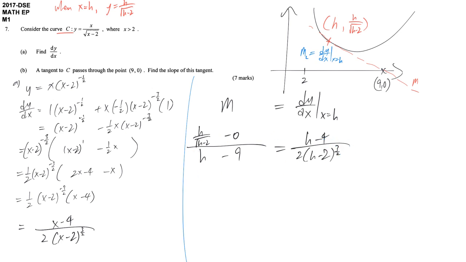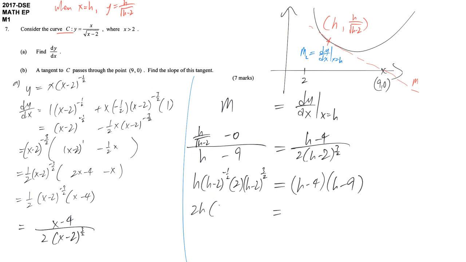Even though it looks complicated, this is an equation involving one kind of unknown only, so maybe we can solve it after simplification. We have h, and then this is (h minus 2) to the power of negative 1 over 2, times the denominator on both sides, so we have 2 and (h minus 2) to the power of 3 over 2. (h minus 4) times (h minus 9).